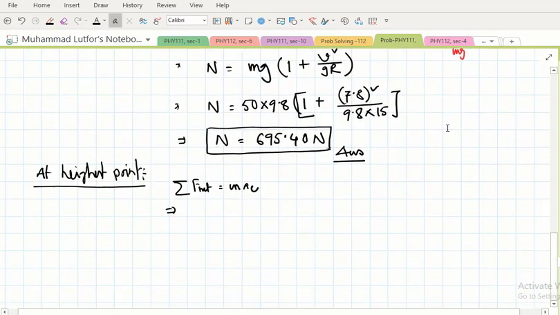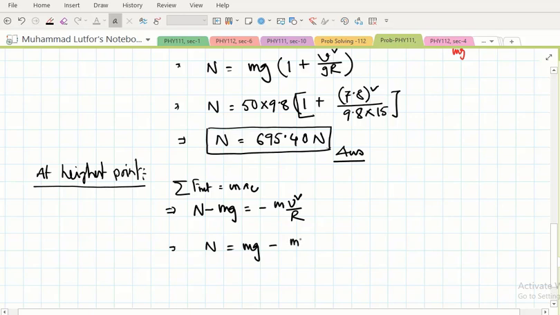That's why it should be minus. So in that case N minus mg must be equal to minus mv squared over r, because centripetal acceleration is v squared over r. Then we can find N would be mg minus mv squared over r, or mg times 1 minus v squared over gr.